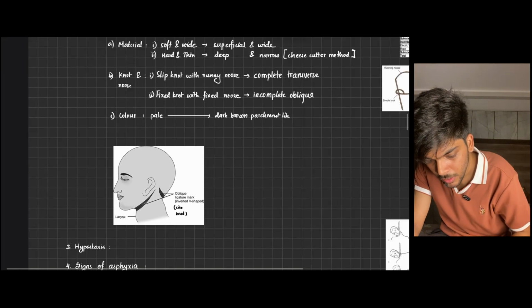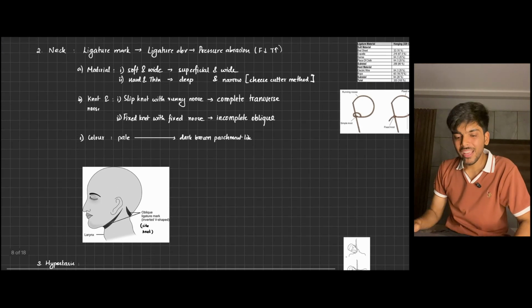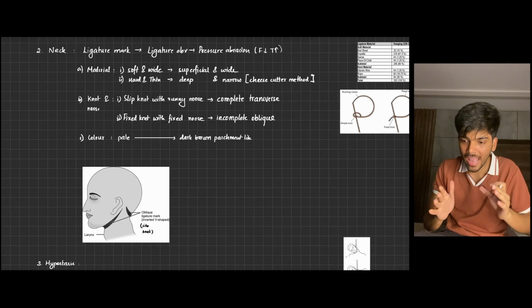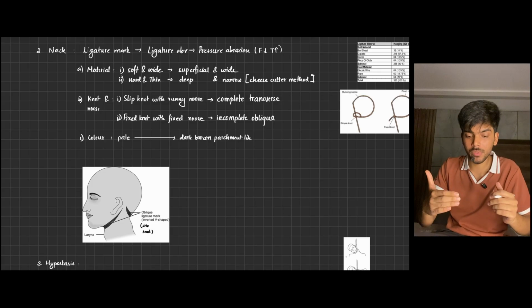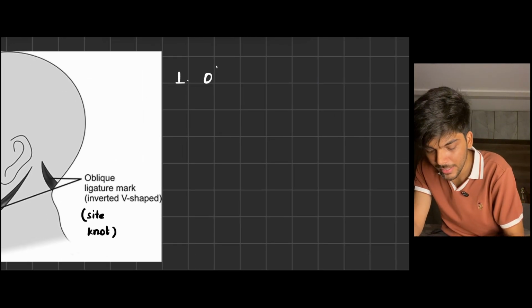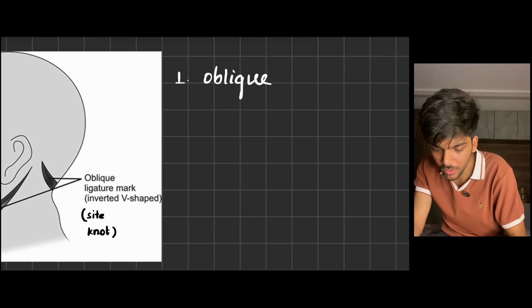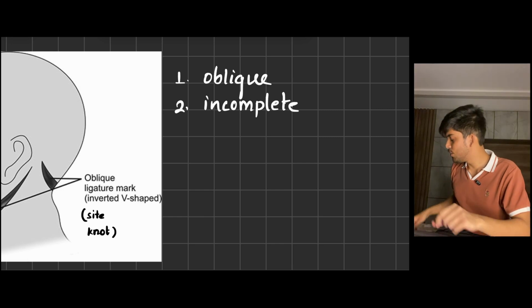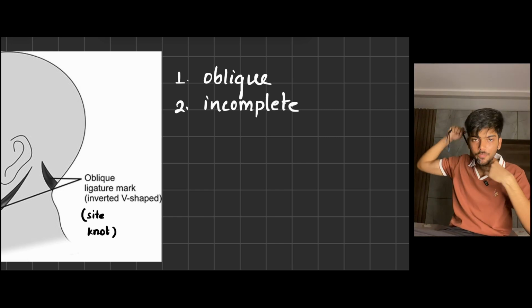Okay. Now, a ligature mark due to hanging most of the times possesses these characteristics. Number one, it is oblique. Number two, it is incomplete. Because most of the times the person uses a fixed knot with a fixed noose, right?